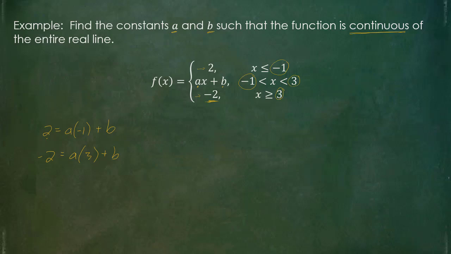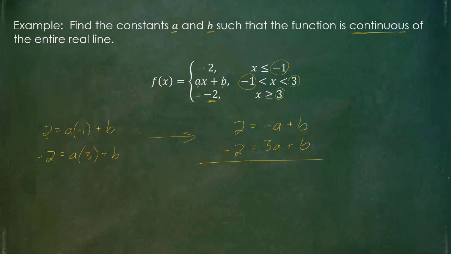So if I simplify those two expressions, I'd end up with the first one being 2 is equal to -a plus b. And the second one would be -2 is equal to 3a plus b. This hopefully rings the bell that I probably need to use a system of equations to solve this.